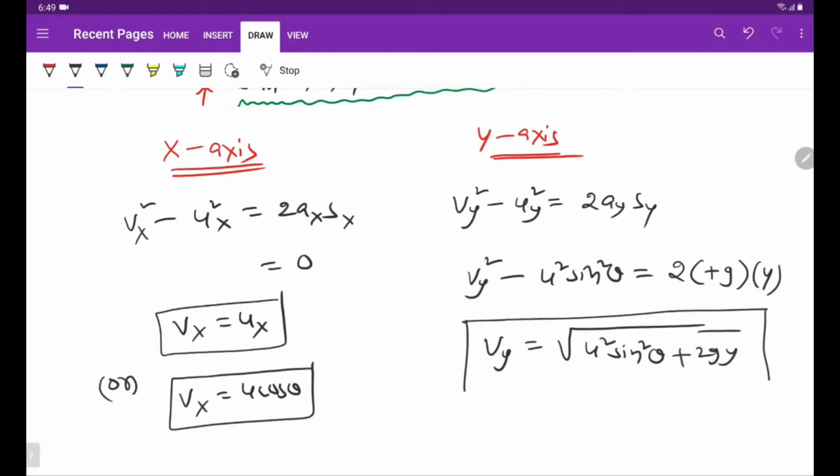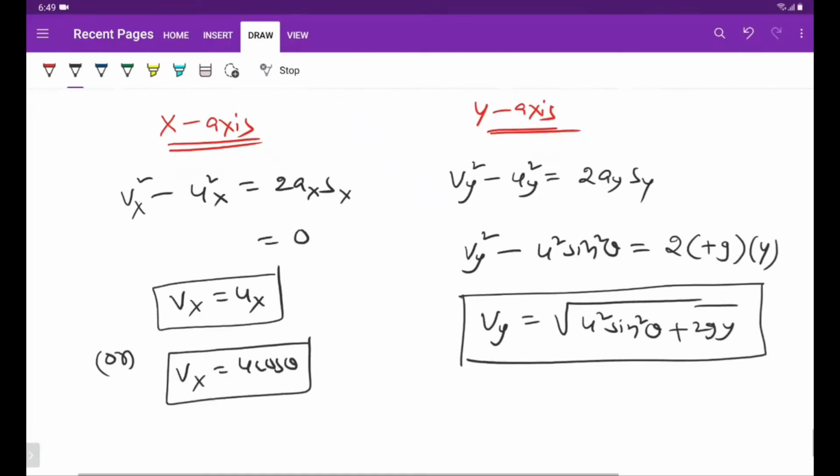This way, when you project a particle from the top of a tower, we have three cases. Follow a coordinate system, fix your coordinate system, and do not change it in the middle of the problem.